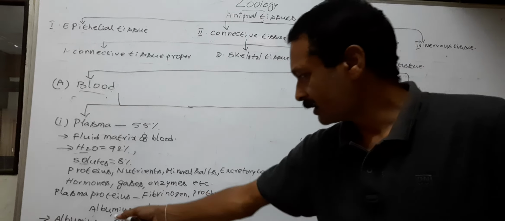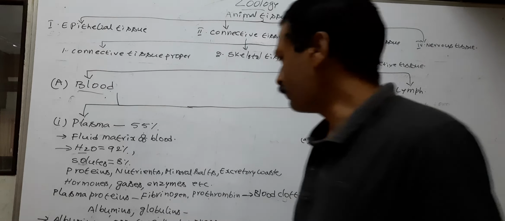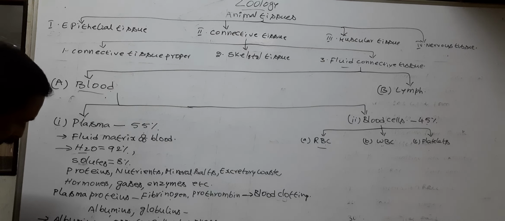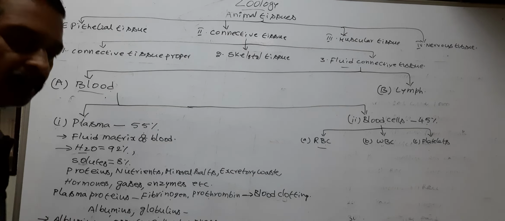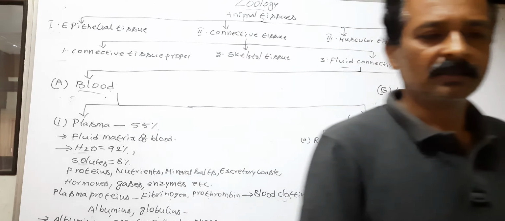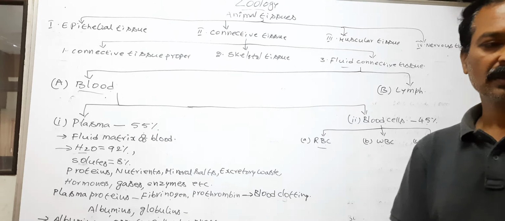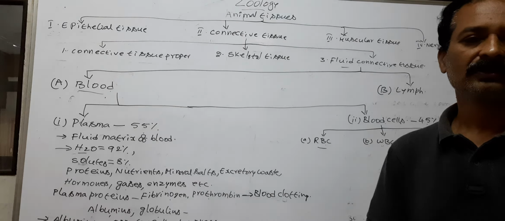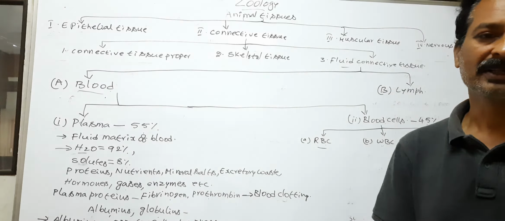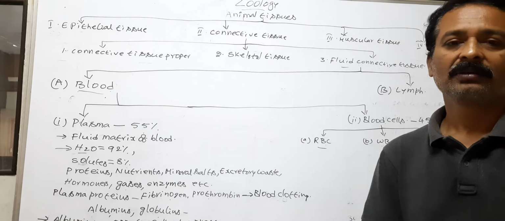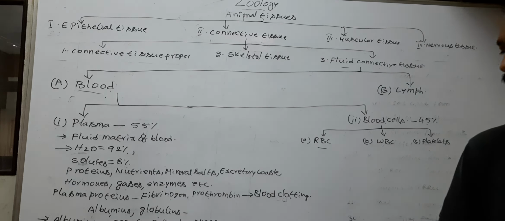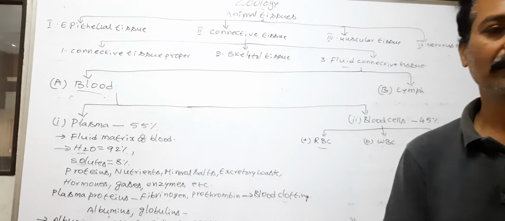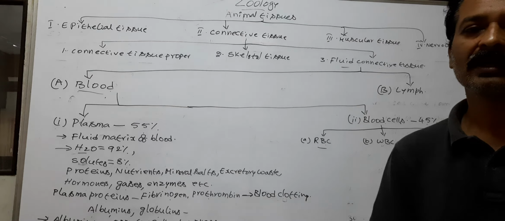Next, globulins. The globulins are also produced in the liver and released into blood plasma. Globulins are three types: alpha globulins, beta globulins, and gamma globulins.